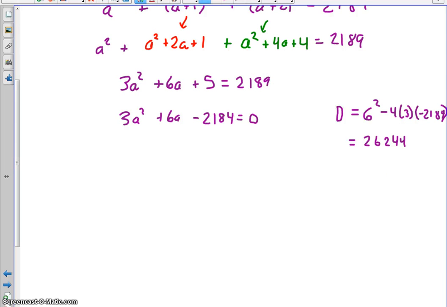So to factor this, I'm going to look for a GCF here, and I'm going to see if 3 goes into everything, and it turns out it does. So I'm going to factor out the 3. That's going to give me a squared plus 2a minus 728.